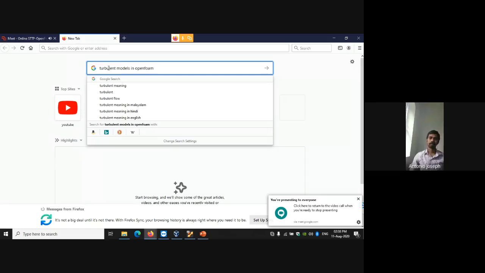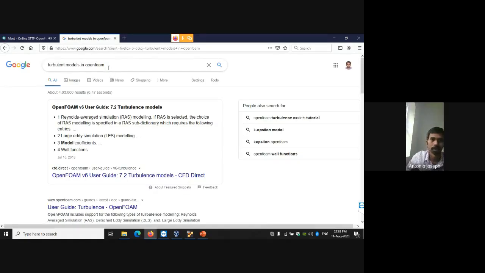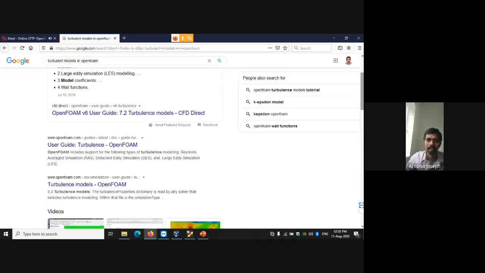And for the newcomers, that means for those people who are very new to OpenFOAM, you should do one thing. We have some blogs for OpenFOAM. Then we have two different websites, openfoam.org and openfoam.com.